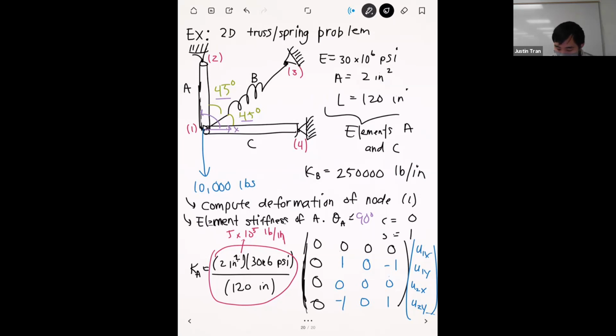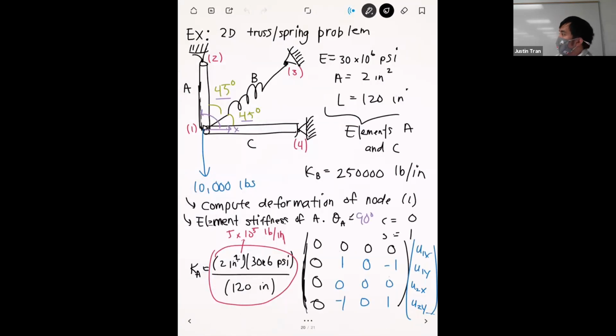So now let's do element B. I'm going to go a little bit faster for this one. Sorry, just a quick question. Sure. Why are we applying the transformation matrix if, based on the forces, the node is just going to extend down? Yeah, it would be tempting to say that this node is probably just going to go vertically down.